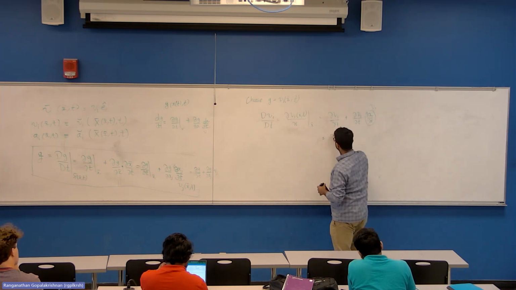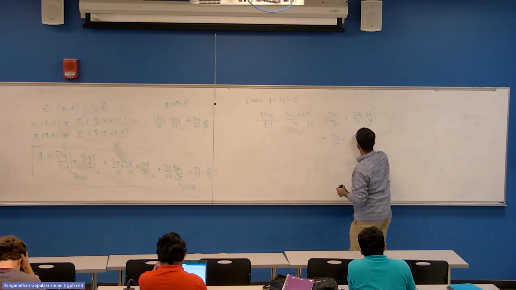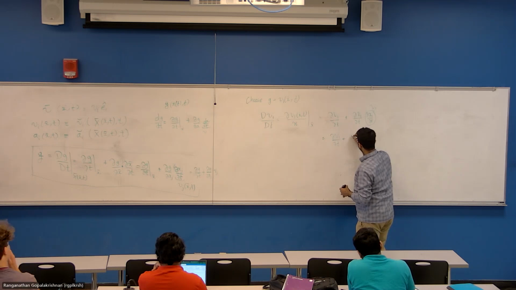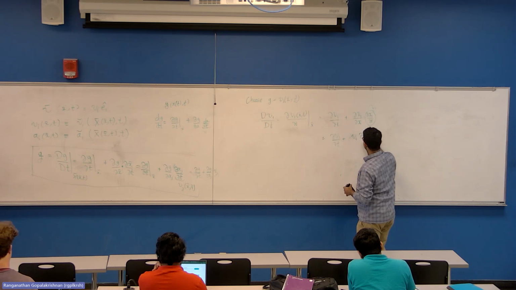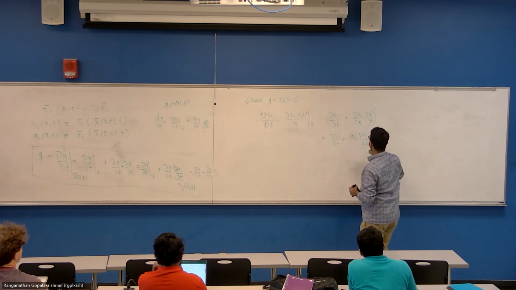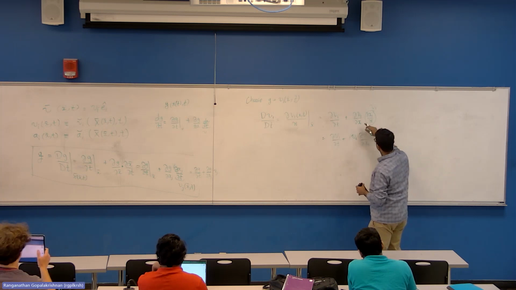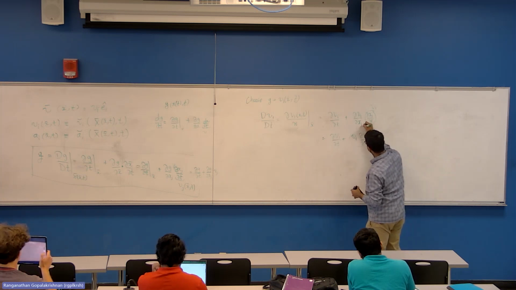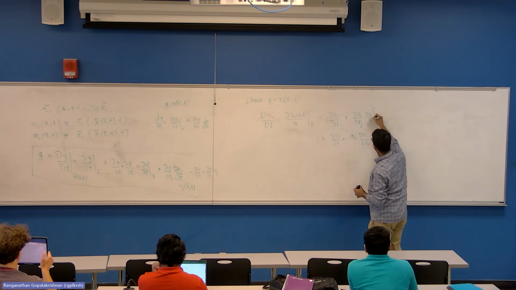So this is the partial derivative of Vi with respect to time plus Vi multiplied by the partial derivative of Vi with respect to, I want to use xj, make sure that we don't repeat indices.